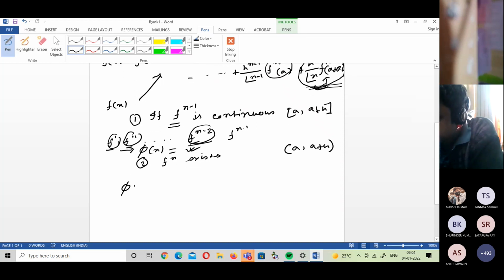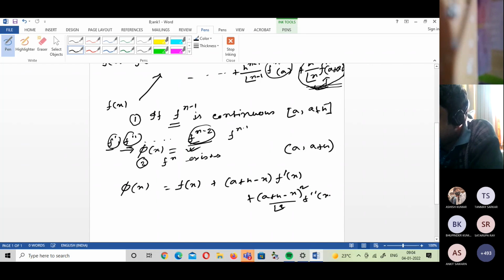If you form a function phi x equals f of x plus a plus h minus x, why a plus h minus x? I am just telling, f dash x, a plus h minus x whole square by factorial 2 f double dash x, up to a plus h minus x to the power n minus 1 by factorial n minus 1 f of n minus 1 x.